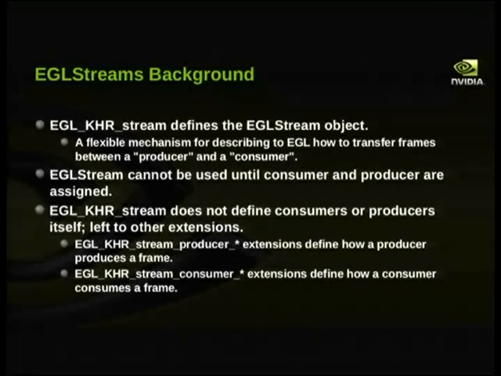Similar to how the device and output base extensions defined some base objects but didn't really define how to do interesting things with them until you had additional extensions layered on top of it. The streams are sort of similar. The basic EGL stream object extension defines the basic objects, but relies on additional extensions to actually define producers and consumers.